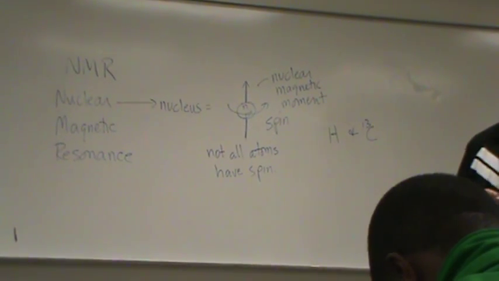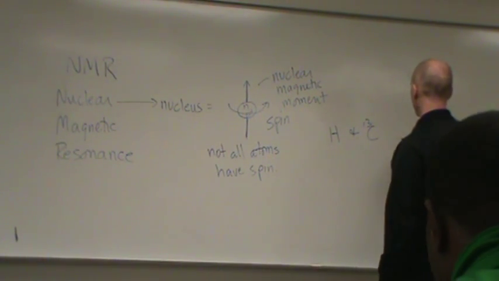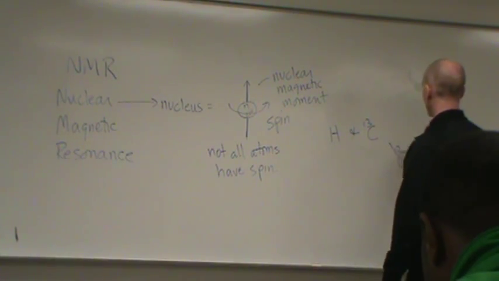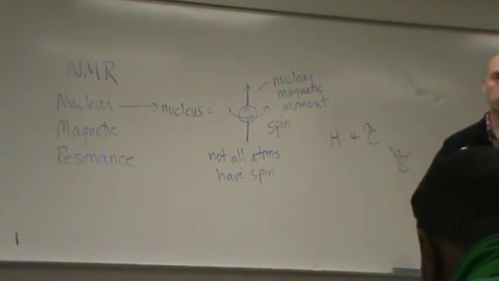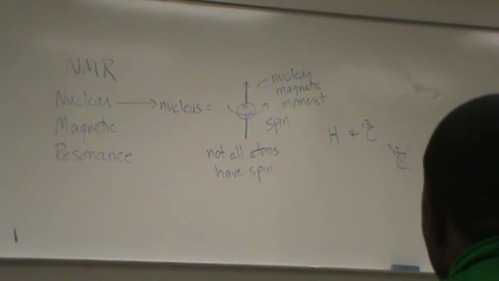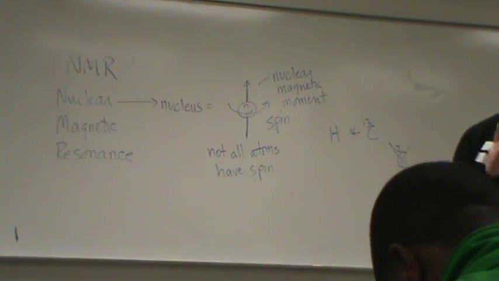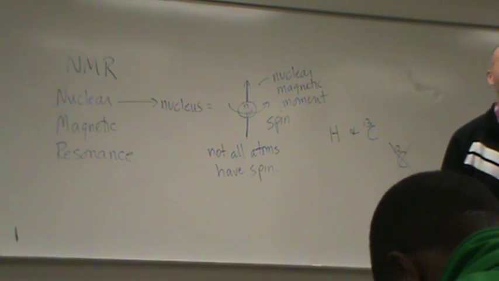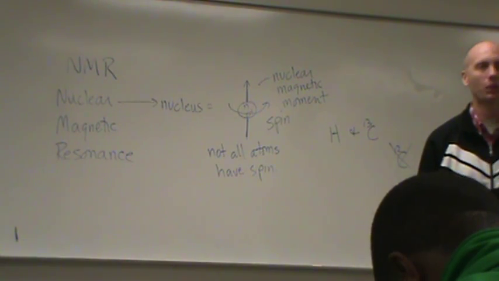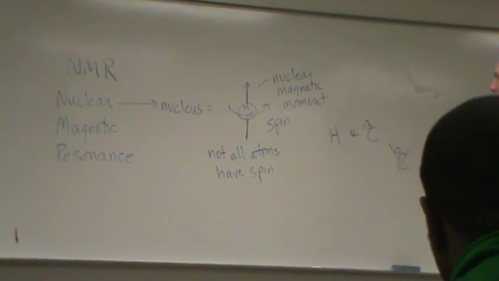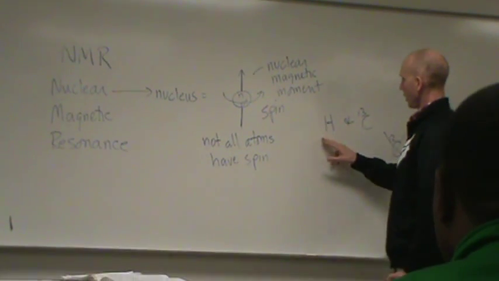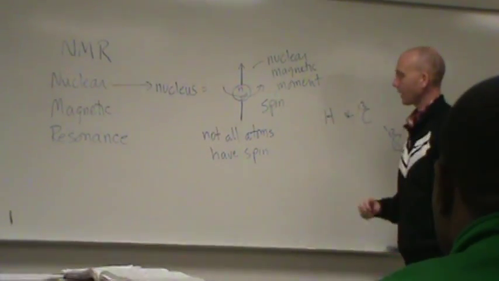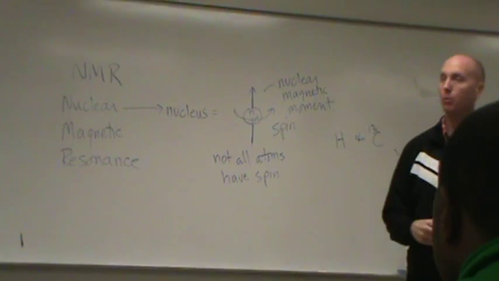Carbon-12 does not have spin. Carbon-12 is much more abundant than carbon-13, but it doesn't have spin. But at least carbon-13 has spin. So God's given us that. So we can be thankful. So these are the two main NMRs that are performed.